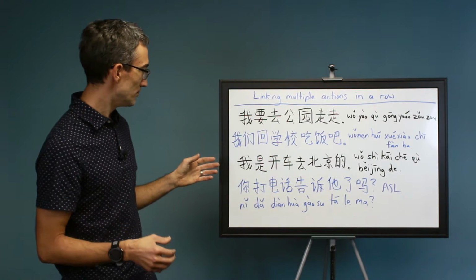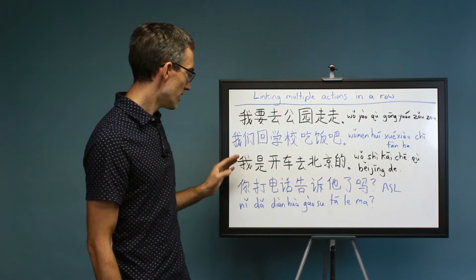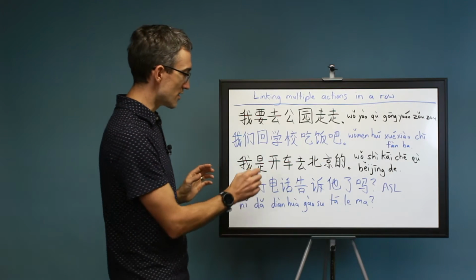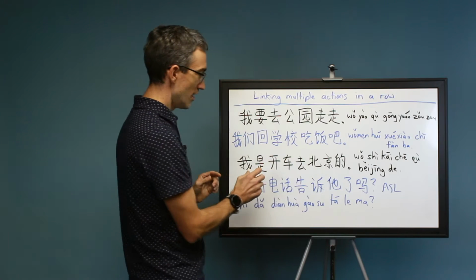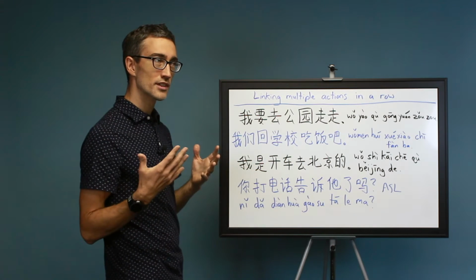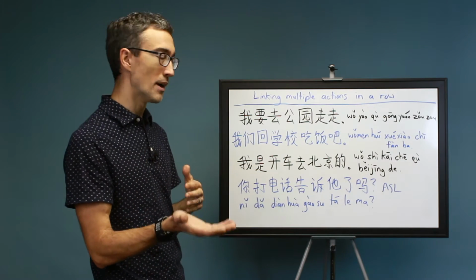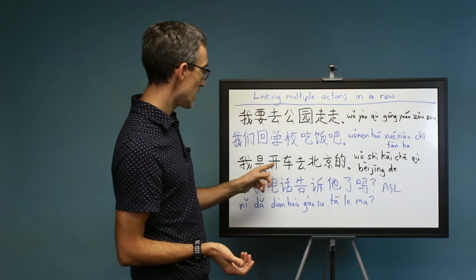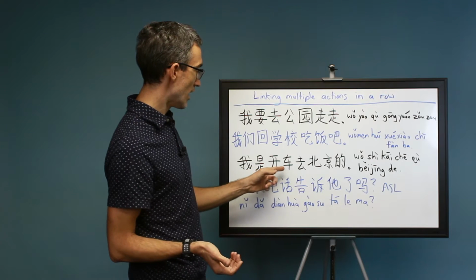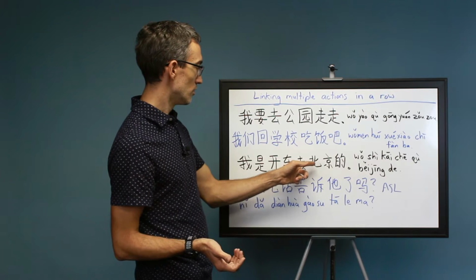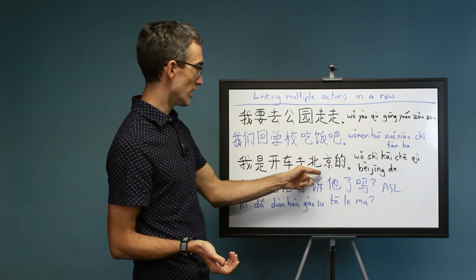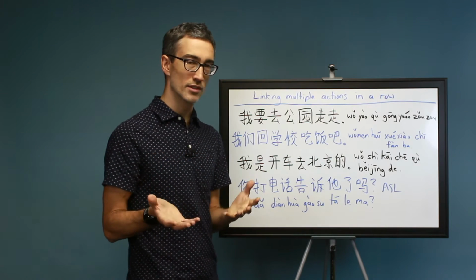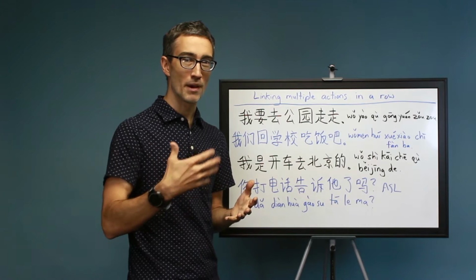There's no connecting word. Here we have 我是开车去北京的. The first thing I want you to notice is the 是 construction, where we're giving an extra detail about a fact that we already know. The person knows I went to Beijing, but I'm telling them I went by car.